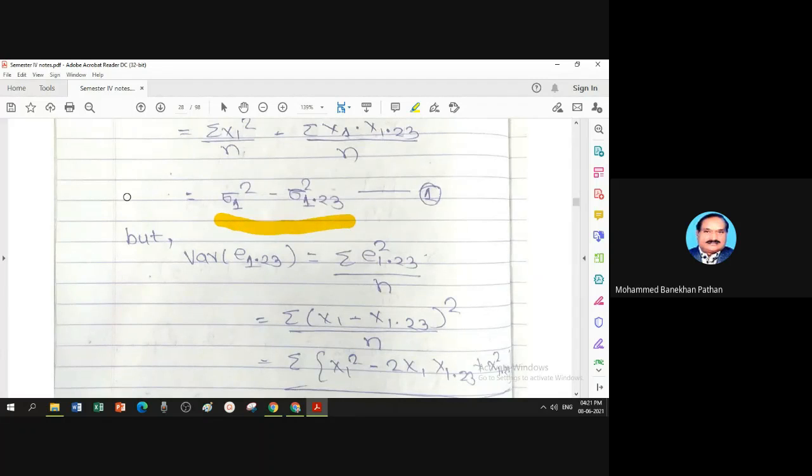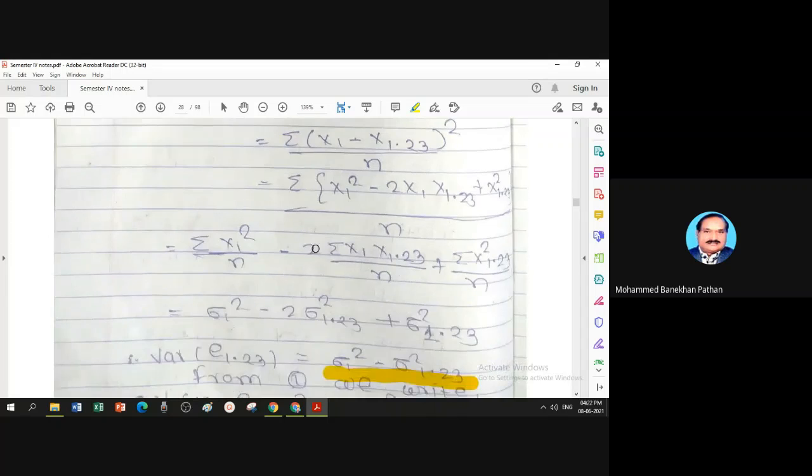But what is left? Left is the covariance. And we know from your first year knowledge that covariance between two variables may be positive, may be negative, and that's why correlation may be negative or positive. But under multiple correlation, the covariance is this much and that is the same as the variance.